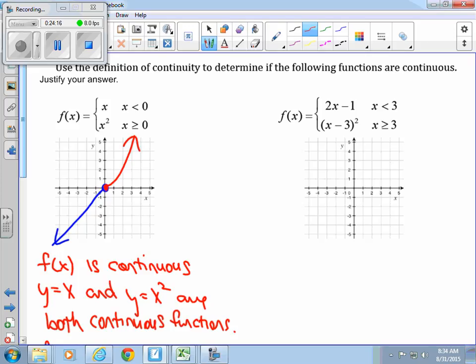That's where I'm switching from one function to another, and I want to know, did I switch to the same thing? Even though I'm not going to do this full justification, this is what I'm going to go through in my brain. The first thing I'm going to look at is the limit from the left and the right. What's the limit from the left?